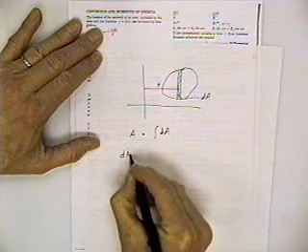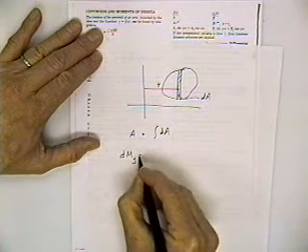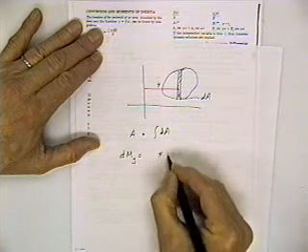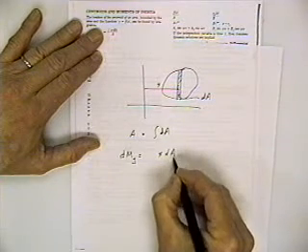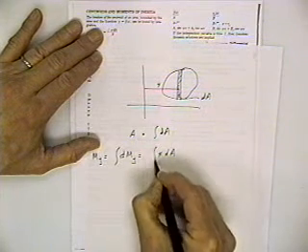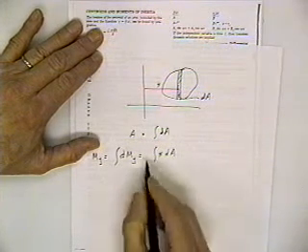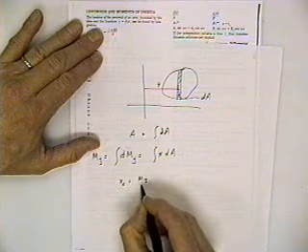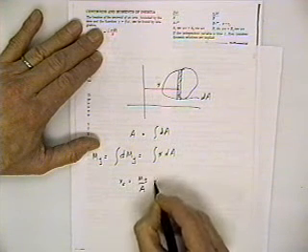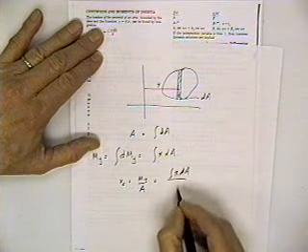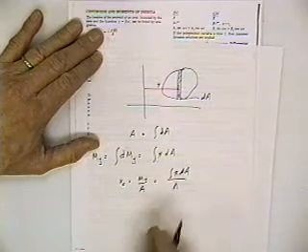The differential moment of that area about the y-axis is x times dA, and the moment about the y-axis is the integral of that, okay? And the centroidal distance, x sub c, is equal to M_y divided by A, or it's equal to the integral of x dA divided by A. Okay? And that's the formula that's given to you.